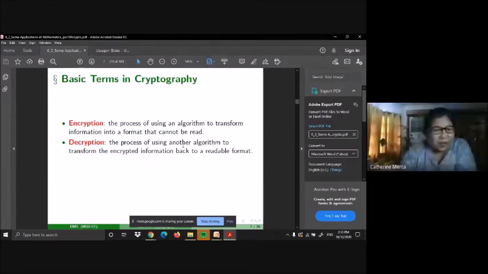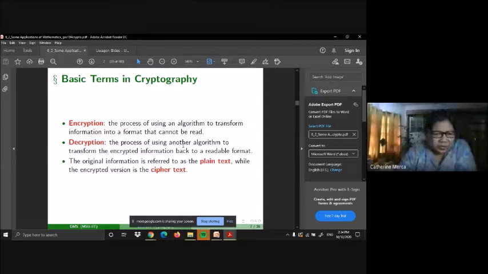So anyway, let us learn about encryption and decryption. The original information is referred to as the plain text, while the encrypted version is called your ciphertext. The encrypted parts of the fib poem, whose title is Cryptography, are called ciphertext. You will also have another activity, which is to make a cipher wheel.